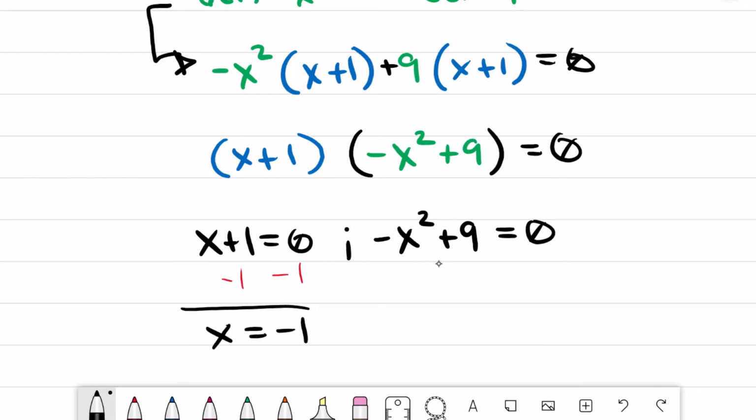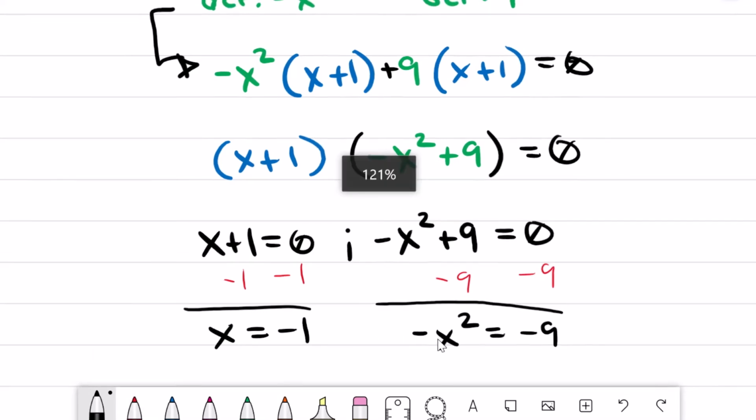And then on this side, it's going to be a multi-step process to isolate the variable, but it beats factoring it further, and I'll show you what I mean. I'm going to subtract 9 on both sides. That is going to leave me with negative x squared is equal to negative 9.